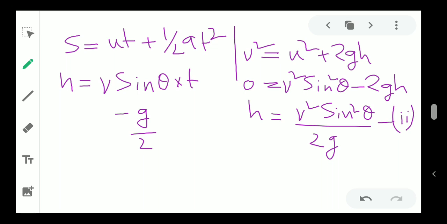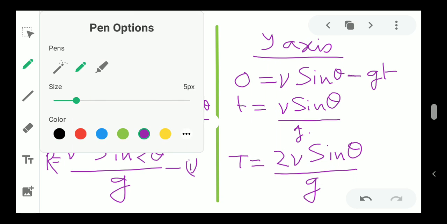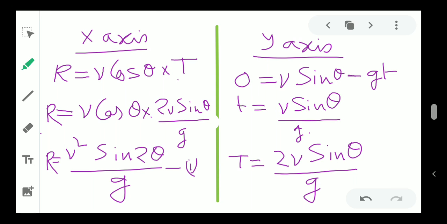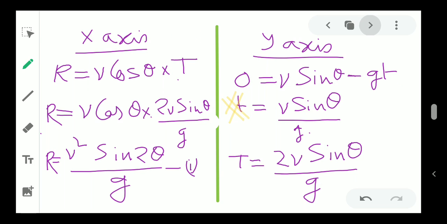Instead of t, we can use the formula we already got, v sine theta by g.